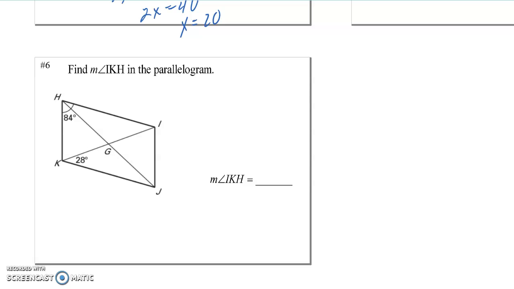One thing you have to pay attention to, why this one's a little tricky, is they're telling you this entire angle's 84, which means this entire angle's 84, which now tells me this entire angle, or this entire angle, is 96. So if that's 96, this whole thing's 96, and 96 minus 28 is 68. So then IKH is 68. Okay, there's our first introduction to parallelograms.